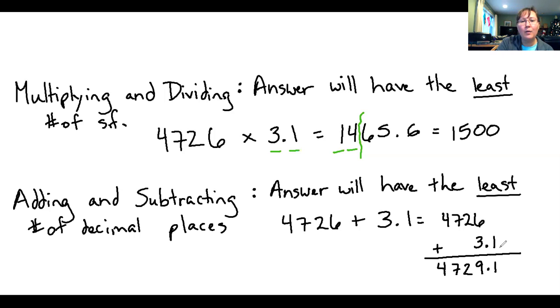Okay, now with this, this is the magnitude that I am confident in. So now what I need to do is round this for significant figures. Now a 1 rounds down, and so my final answer here is 4,729.